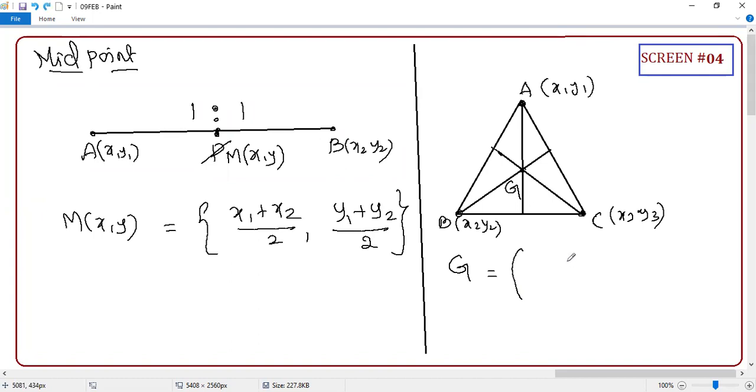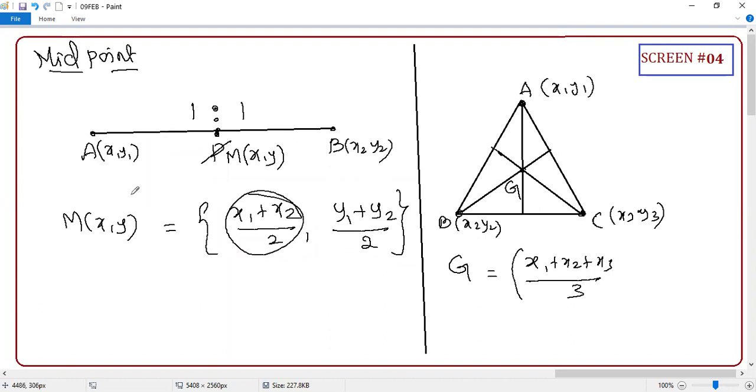The moment you know where the center of gravity is lying, you just put your finger or needle there, and that object will stay in that place. It will not fall down. Are you clear? So centroid has a very important role. But I'm going to give you a beautiful formula, that G equals x1 plus x2 plus x3 by 3.